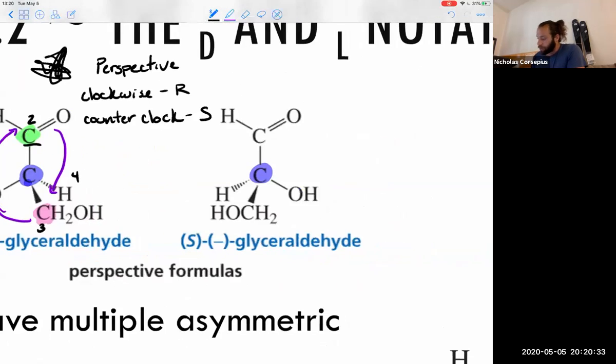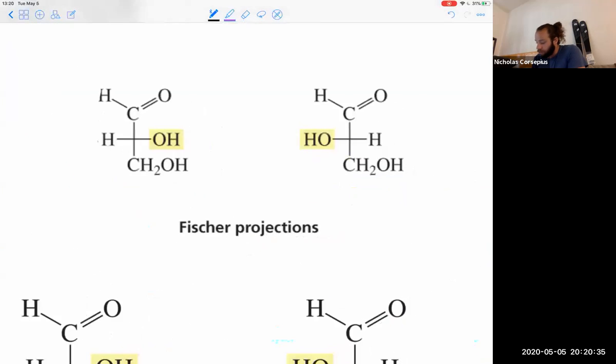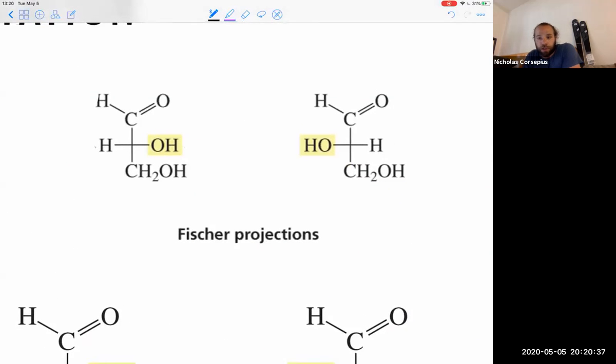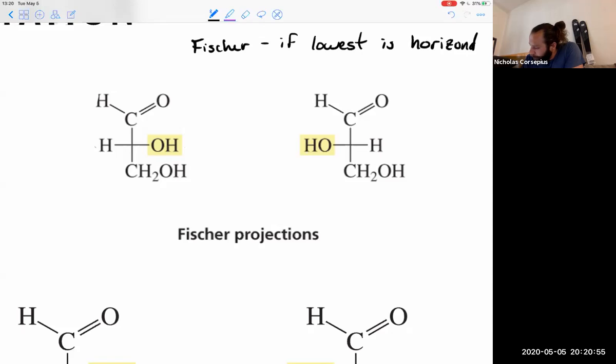Okay, but then of course the whole shtick was that when we're talking about sugars, we usually look at the Fischer projection. Now in the Fischer projection, if the lowest priority group is horizontal, in this horizontal line right here, which is going to be the case here.